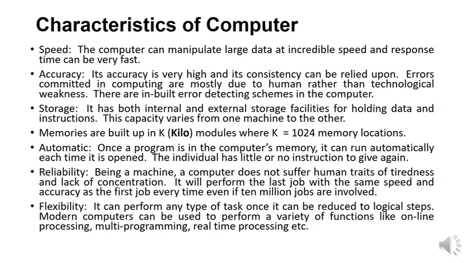But a computer, if it is a well-structured program system, should be reliable because it doesn't suffer tiredness. A computer can continue to run 24/7 for several months and continue to produce the same results as it produced the first result.